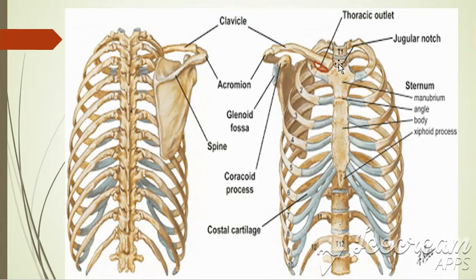It lies at the level of the lower border of the T2 vertebra. This is T1 and this is T2. So it lies at the level of the lower border of the T2 vertebra. Then in this notch we can palpate the trachea. So this is the second landmark.